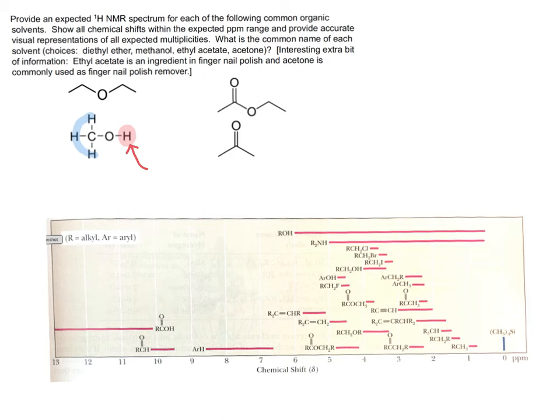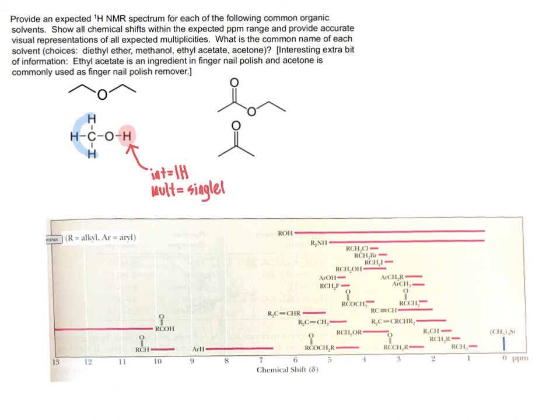So for our lone proton that is connected to the oxygen, we're going to expect that the integral of that is going to be 1 because it's just one proton there. The multiplicity is going to be a singlet.